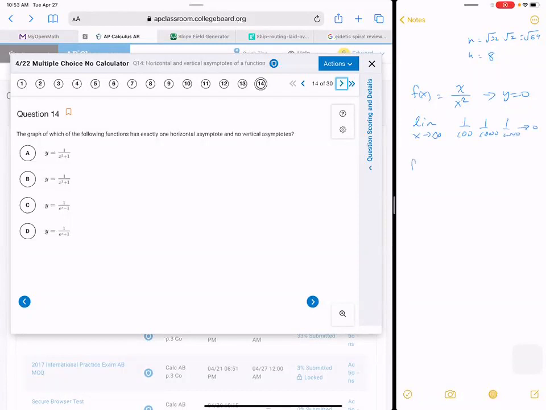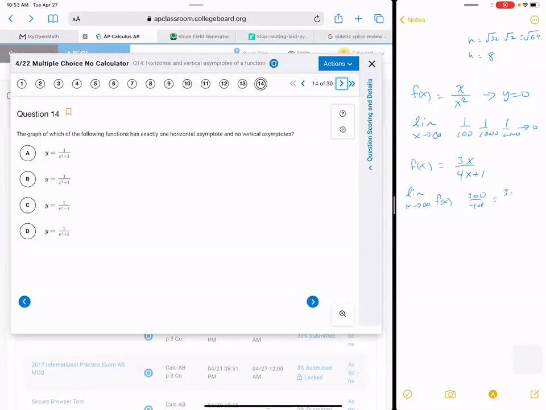The other horizontal asymptote rule was that if I write 3x over 4x plus 1, what does this graph look like, the limit as x goes to infinity? Well, if I write 100, it's 300 over 401. That's about 3 over 4.